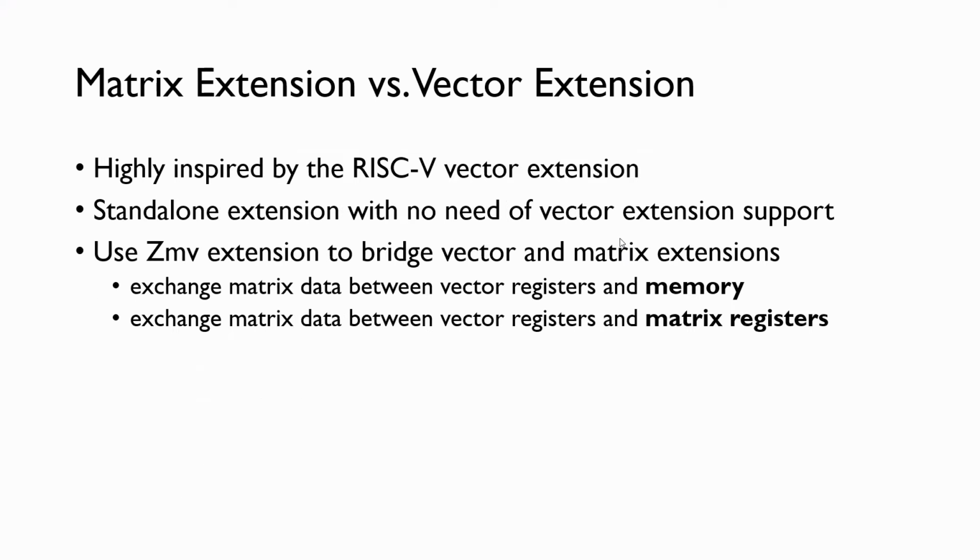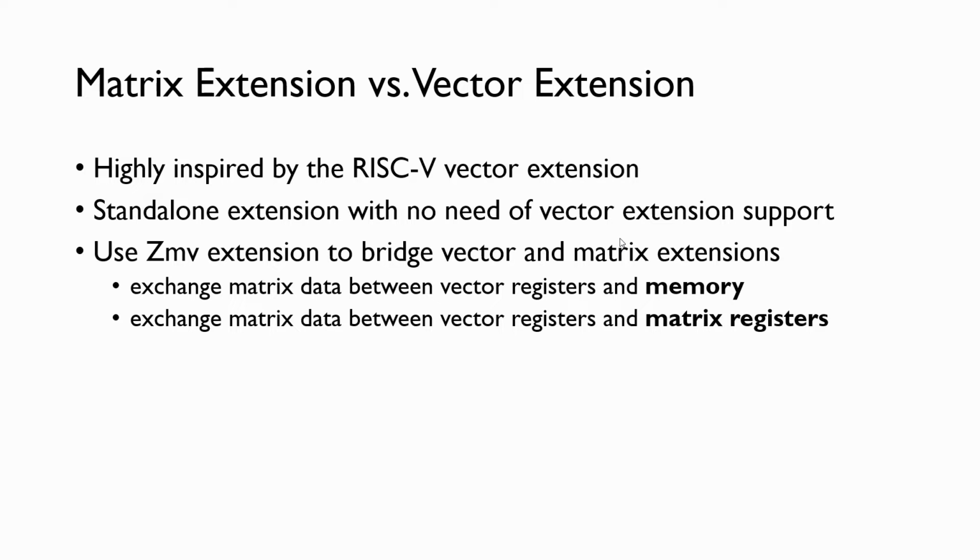Okay, let's get started. First of all, I want to clarify the relationship between our matrix extension and the vector extension. Our matrix extension proposal is highly inspired by the RISC-V vector extension. However, it is a standalone extension with no need of vector extension support.